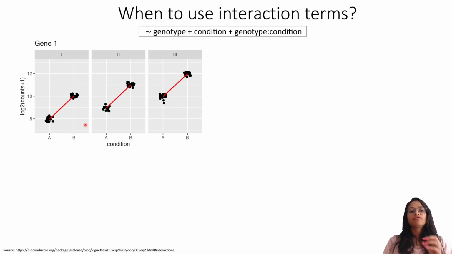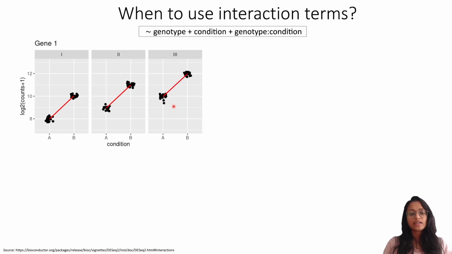So let's say we model this data without interaction terms, that is, using only genotype and condition. We are assuming the effect of condition is the same across all the genotypes, which seems appropriate in this case since the condition effect is consistent.